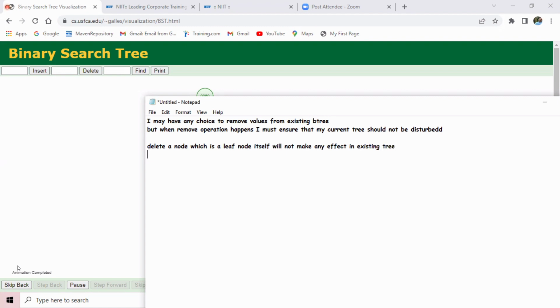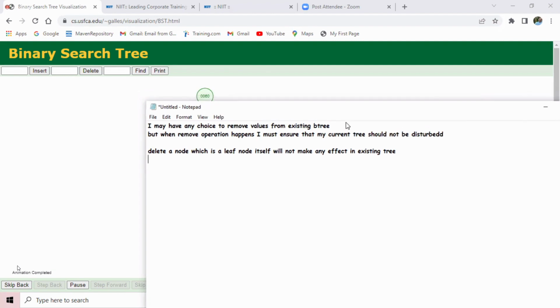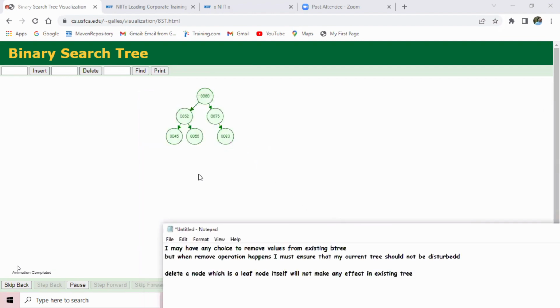Are you agreed with me? Leaf nodes are those nodes which do not have any children. If I delete 83, 55, or 45, these are all leaf nodes.